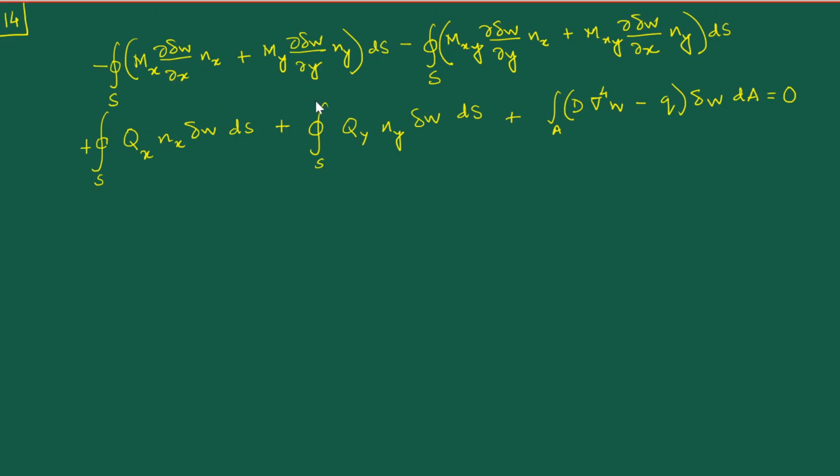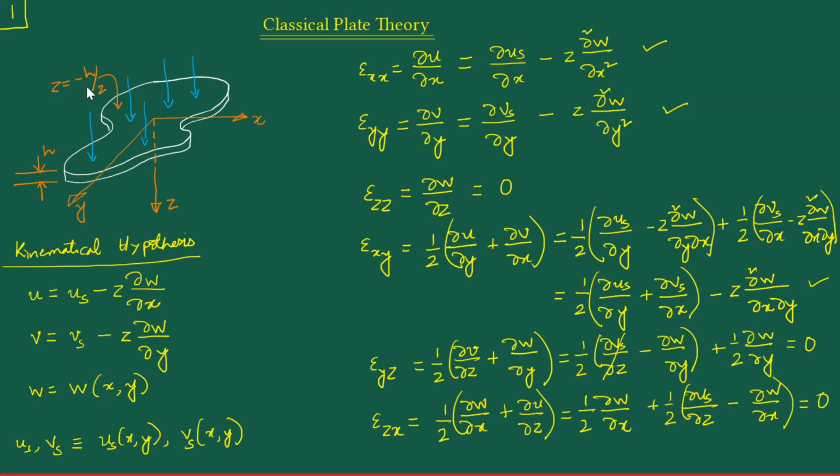We are going to convert these equations written with respect to the xy coordinate system to a coordinate system which will be like a body fitted coordinate system. So if I just go back to this diagram and maybe copy this thing out.